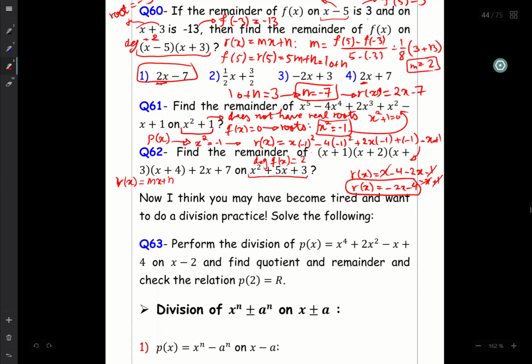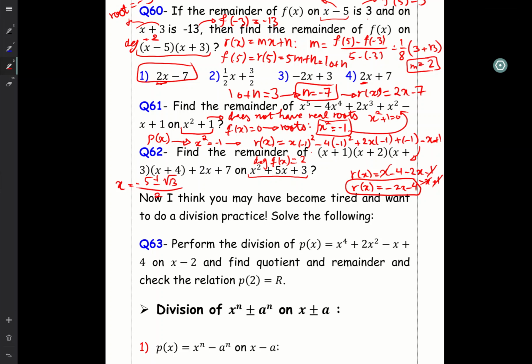Now again, what are the roots of q(x)? It's a quadratic equation. Delta is b squared, 25, minus 4ac, 12, which is 13. So the roots are not very nice. I can write them down: (-5 plus or minus square root of 13) divided by 2.